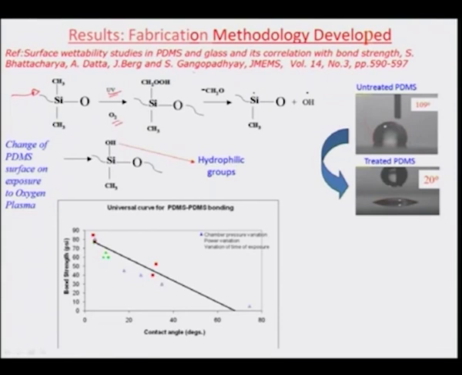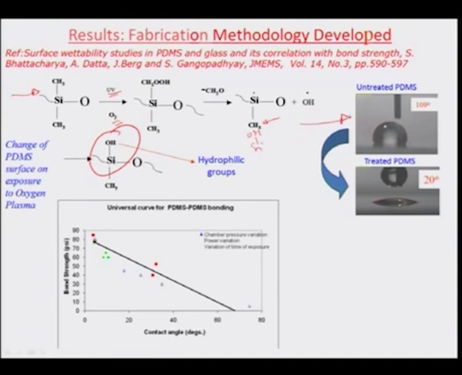And because of this series of reactions, there is a formation of the silanol group SiOH on the top of the PDMS surface at the cost of methyl groups. So, basically in an oxygen plasma chamber, methyl is kicked off and replaced by hydroxyl OH. And that is one of the reasons why immediately after the plasma exposure, you find that the surface becomes very hydrophilic.